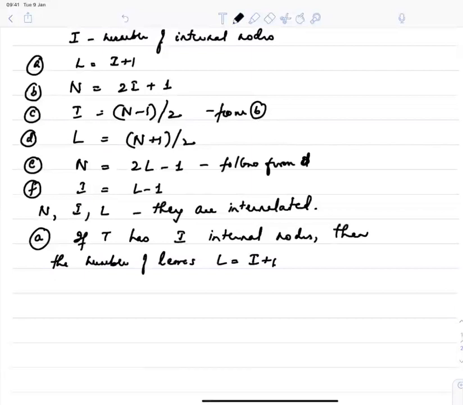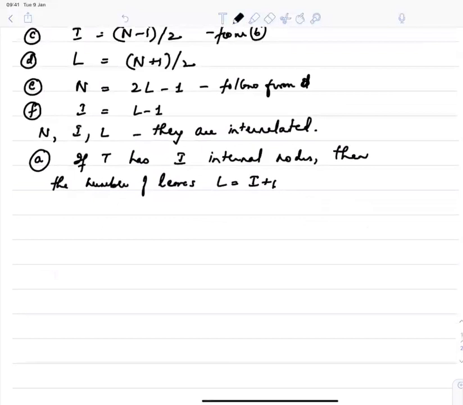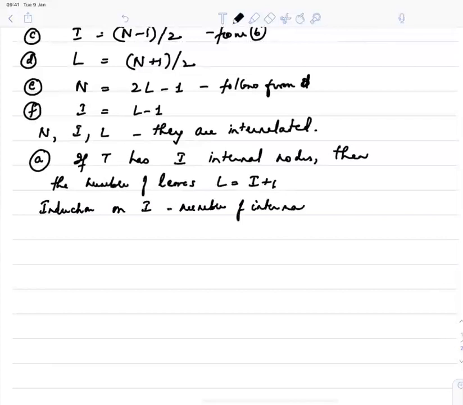We'll prove this using induction, and we'll do induction on I, which is the number of internal nodes.